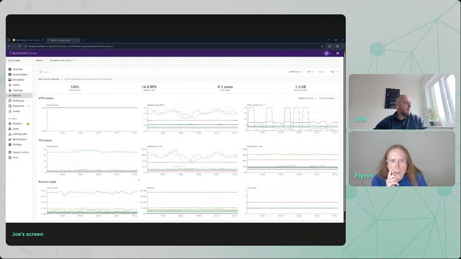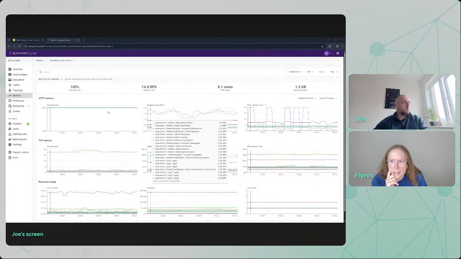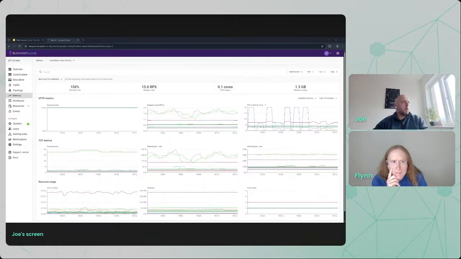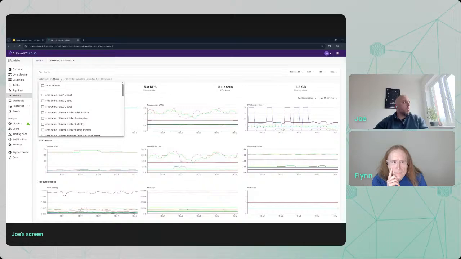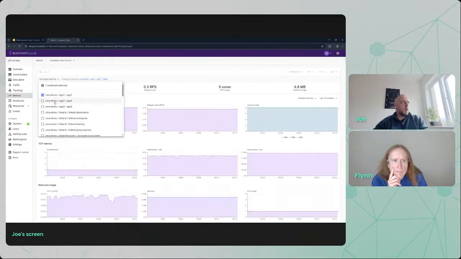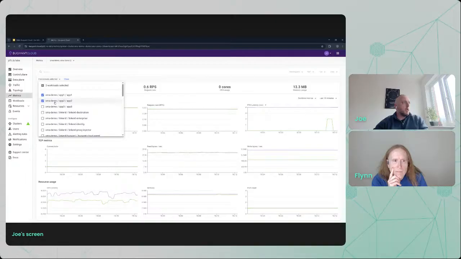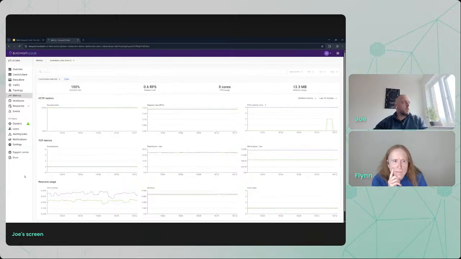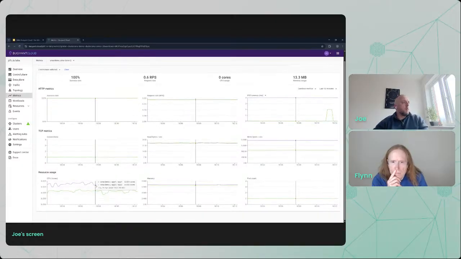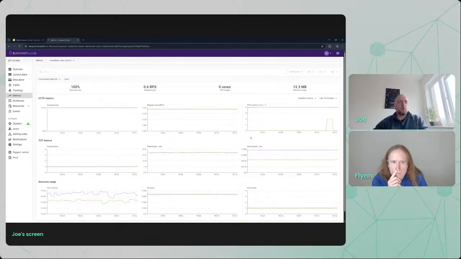Now, there's a thing on there about matching 36 workloads. How do you control what we're looking at? So you want to filter down into an app. Yeah, you can do that. You can combine. In the first SMA demo cluster that I've got, you can look at app 1 and app 2 if you wanted to, and compare all those metrics that we were talking about to get a good comparison of what's the difference between these two apps.